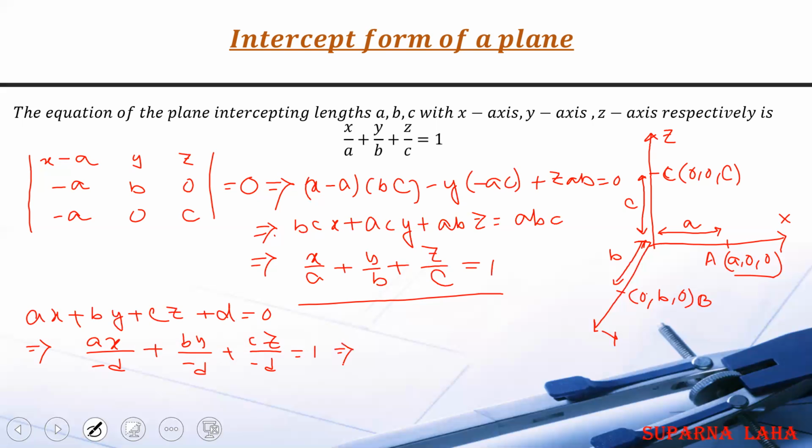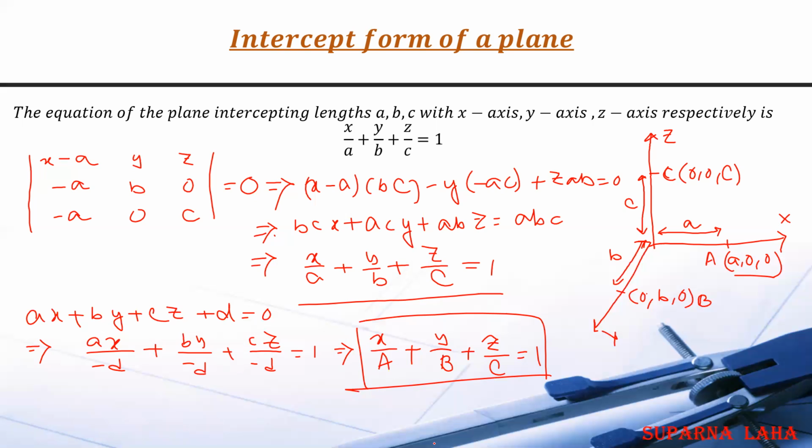And this we can write as x upon (minus d by a), representing it by another constant capital A, plus y upon (minus d by b), by another constant capital B, plus z upon (minus d by c), by another constant capital C, is equal to 1. So from the general equation of the plane, you can find the intercept form, and from the plane passing through 3 points, from this equation also you can establish the intercept form.